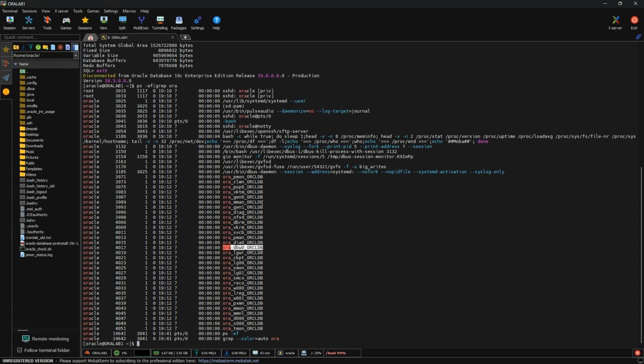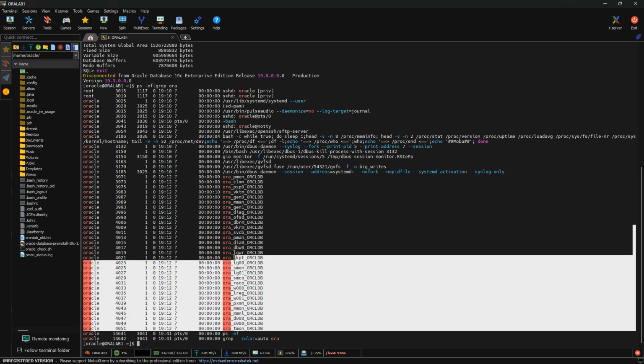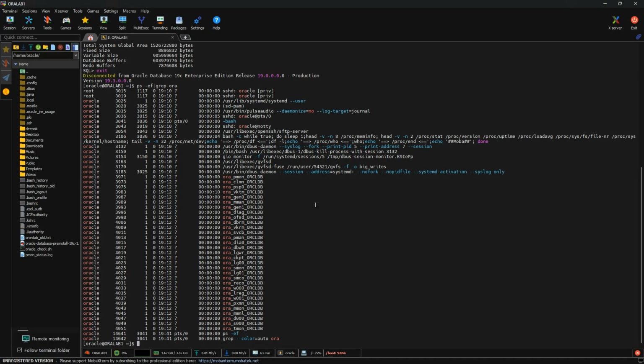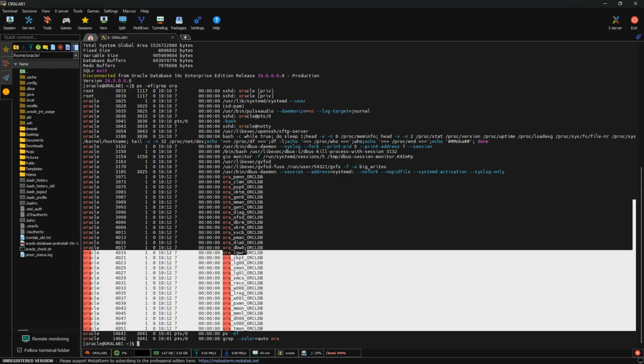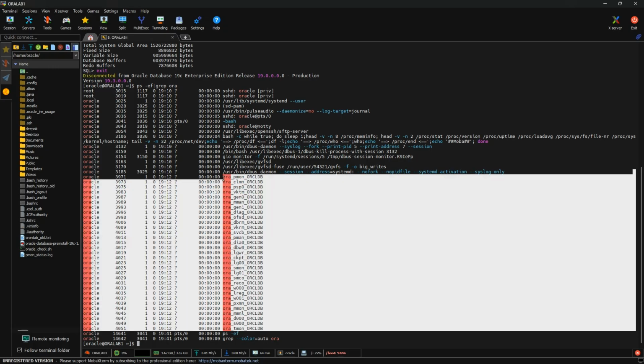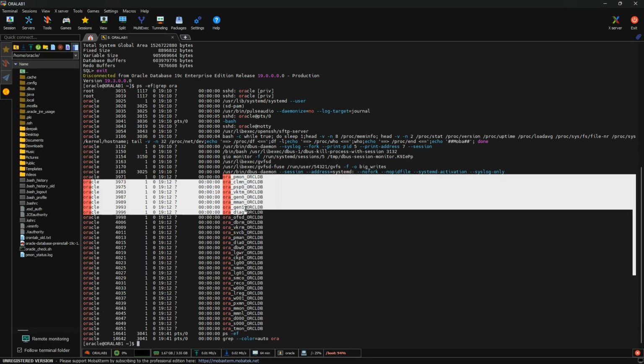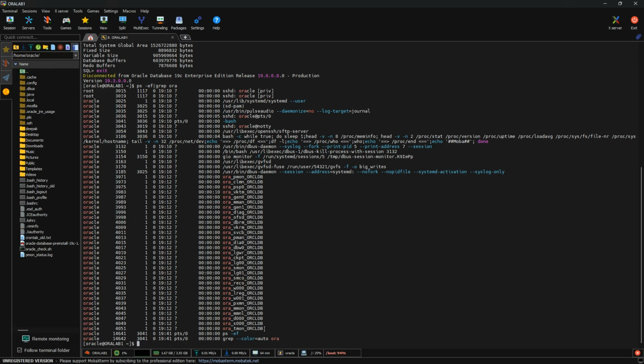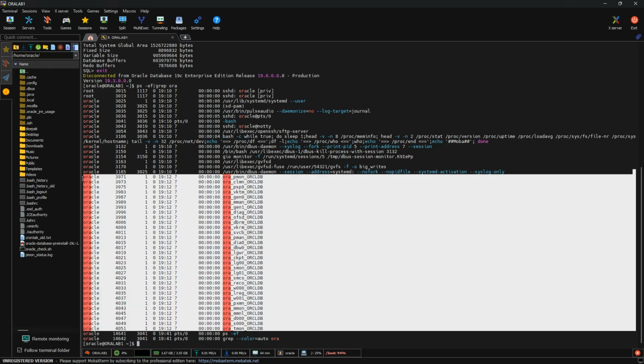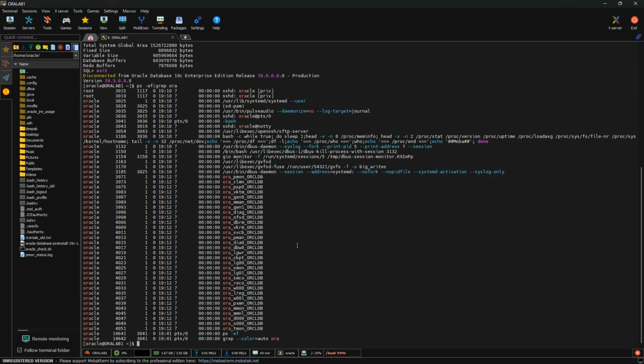All the background processes are running now because your instance is ready. When your instance is available, along with the memory structure, your processes are also started. The combination of both memory structure and background processes is called an instance. We talked about that. So in real time, this is how it looks: your processes running.